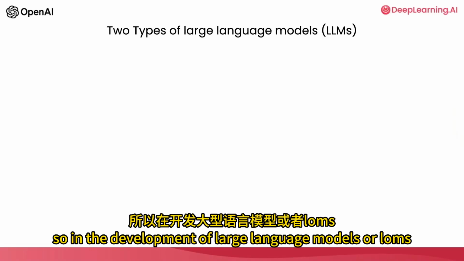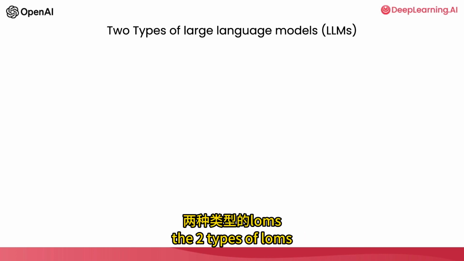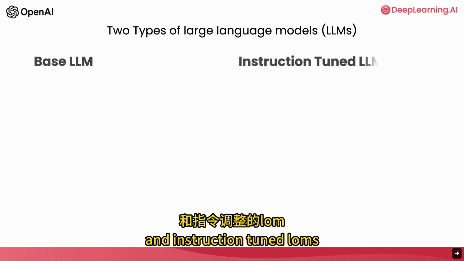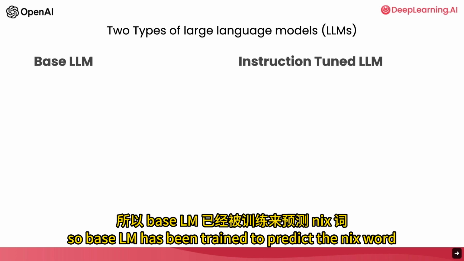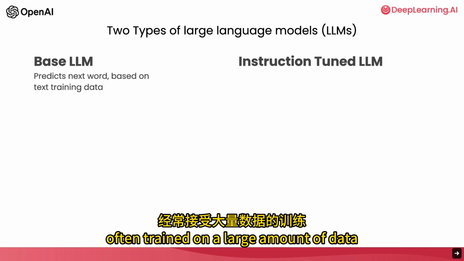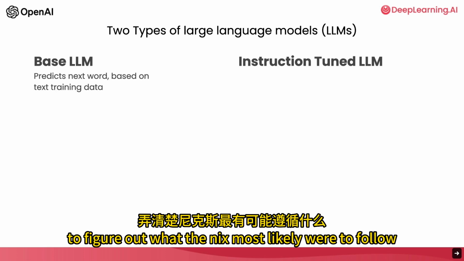So in the development of large language models or LLMs, there have been broadly two types of LLMs, which I'm going to refer to as base LLMs and instruction-tuned LLMs. A base LLM has been trained to predict the next word based on text training data, often trained on a large amount of data from the internet and other sources to figure out what's the next most likely word to follow.